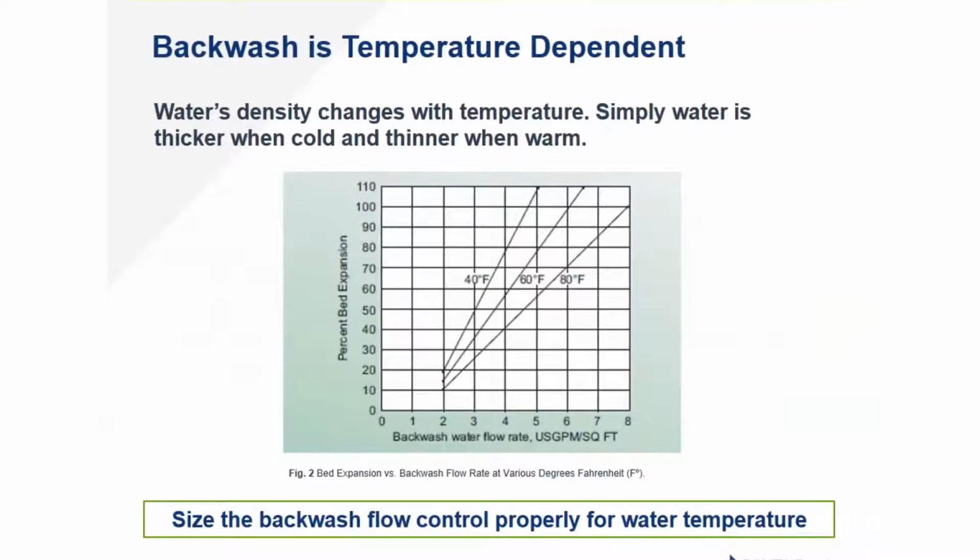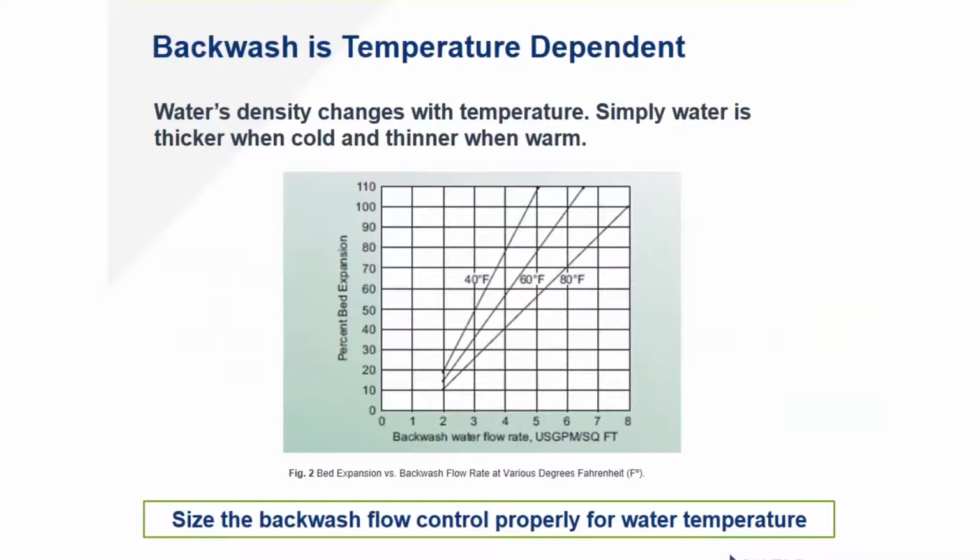So when we think about temperature effects on water, what we're talking about is density. Have you ever heard the phrase, when things get warm, they expand, and when things get cold, they contract? Well, the same thing is happening at the molecular level with water.